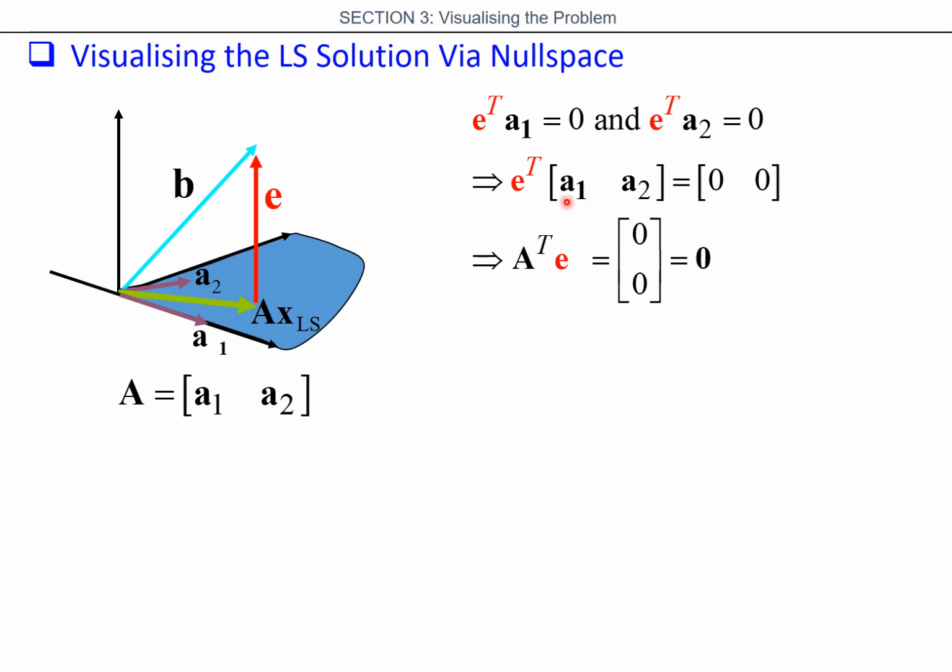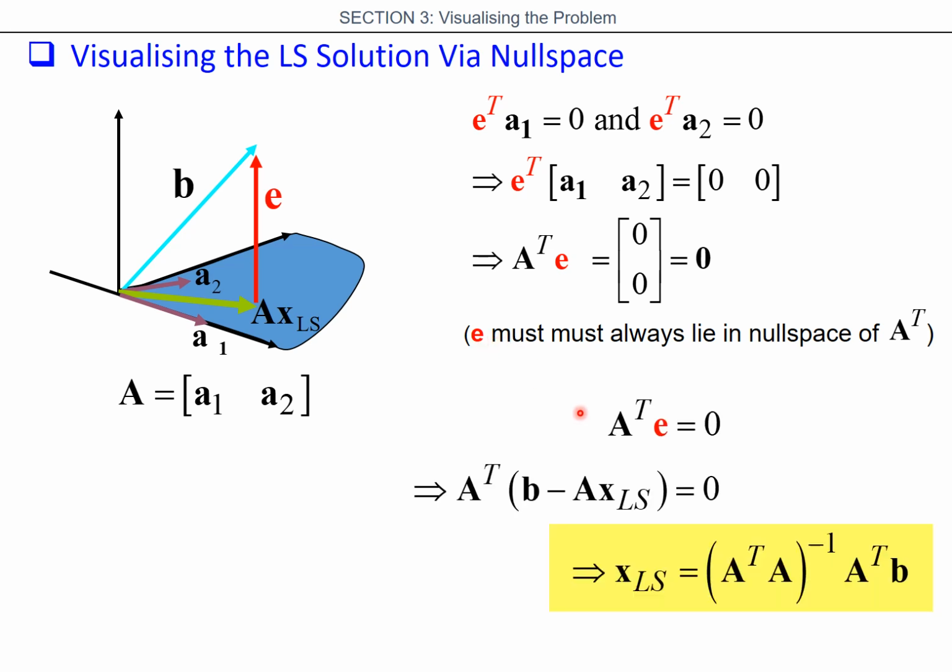If I rearrange, I get this. I take the transpose of both sides, and I get this. Now I substitute for E, and E is equal to B minus A x_LS. So I do the substitution, I get this, and then I rearrange, and I get that familiar solution again.